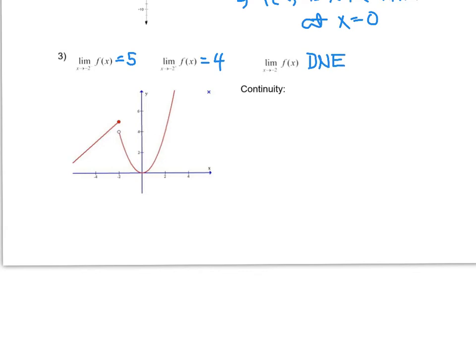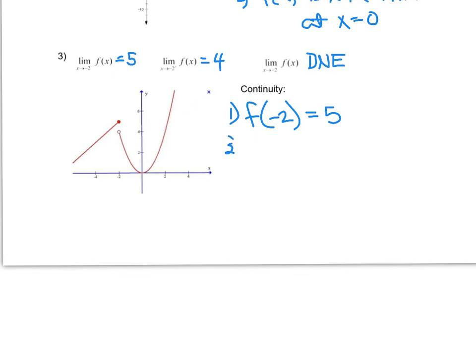So when I am discussing continuity, number 1, I see that there is a function value at -2. I'm going to find that function value where the graph has a filled-in circle. So the function value at -2 is equal to 5.